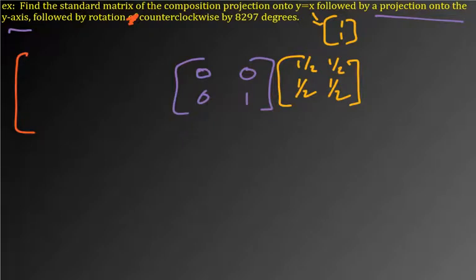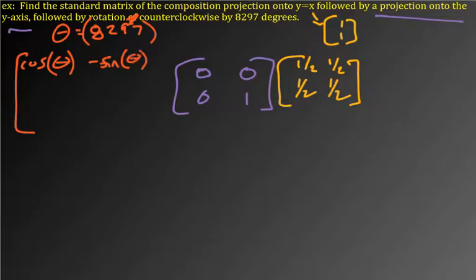So I'm just going to define theta as 8297. Cosine theta, then negative sine theta, and then sine theta, and then cosine theta.